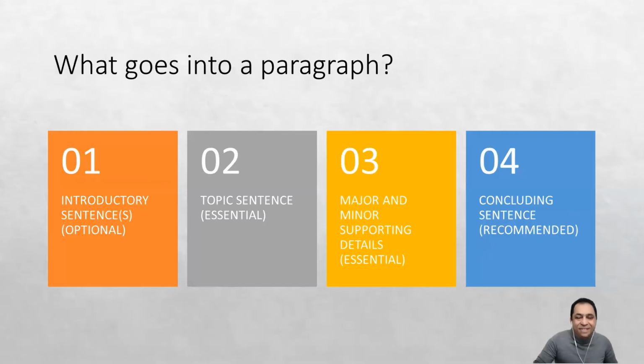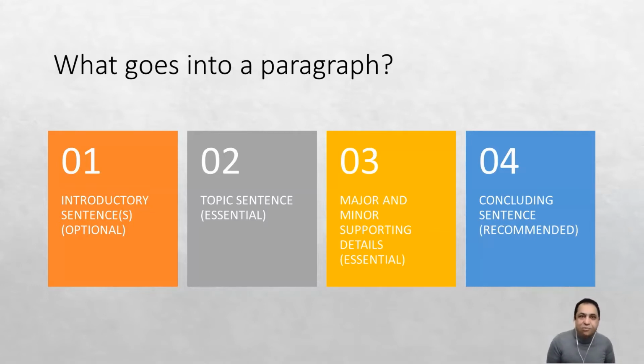So a paragraph is generally made of four components, ideally. There is an introductory sentence that doesn't tell us exactly what the main idea is, but it introduces the topic. And then there is the main sentence, the topic sentence, that is the summary of the whole idea in the paragraph.